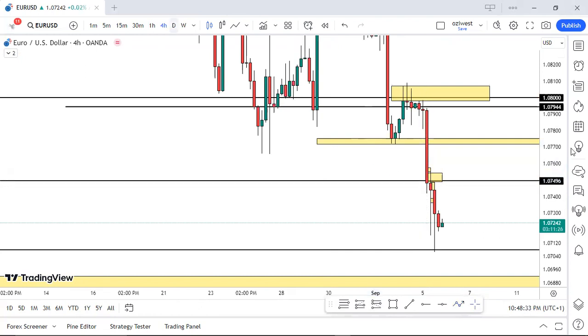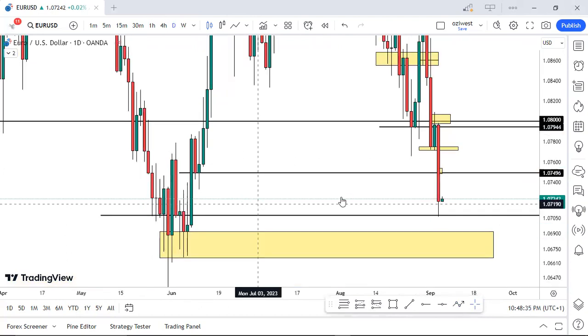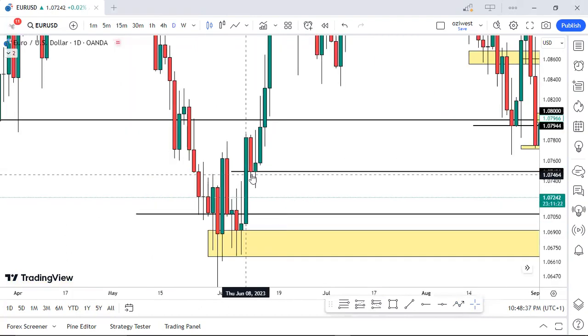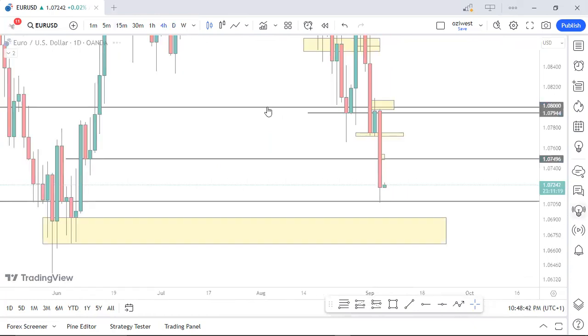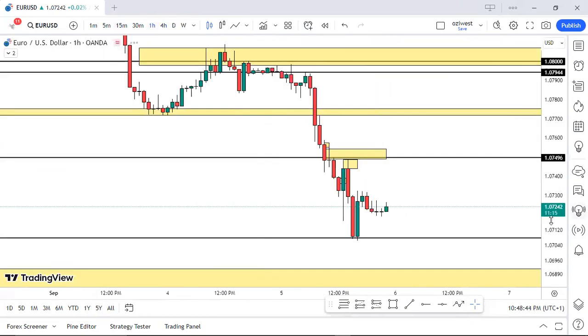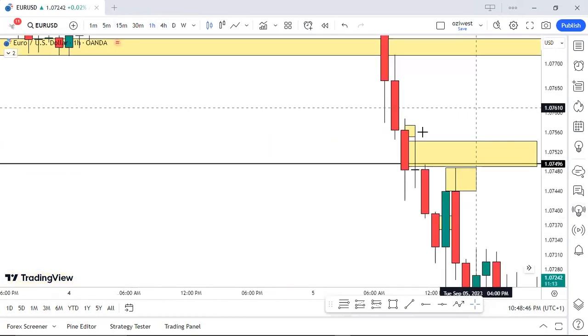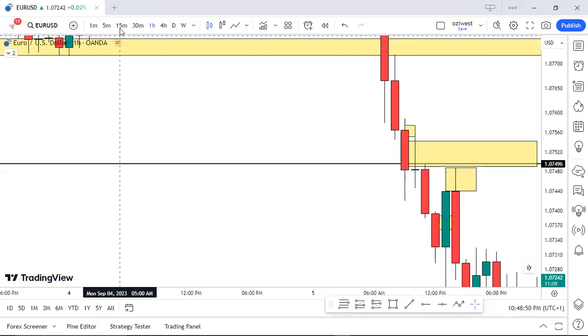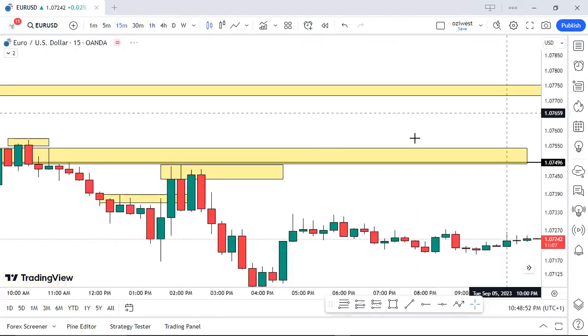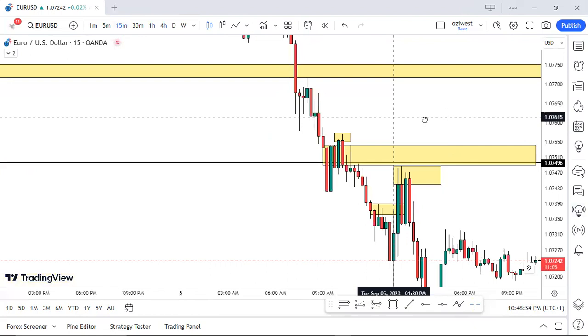Let's go to the daily time frame. It's a daily level of support. The 4-hour time frame closed below, and I also saw that this 1-hour time frame rejected that level and closed back inside. That was when I started looking for sells.